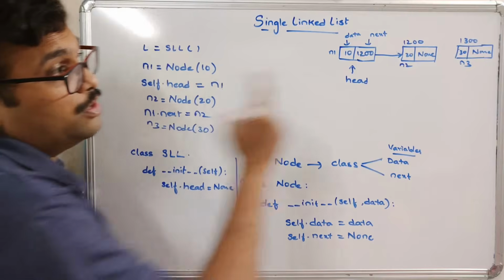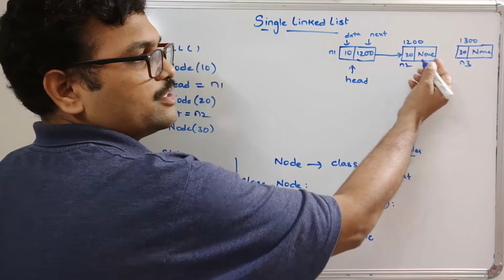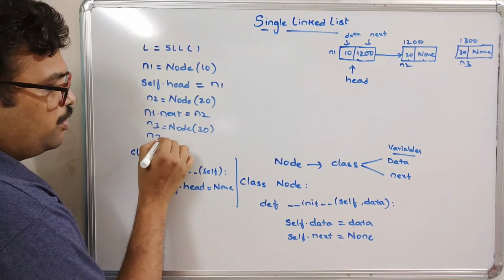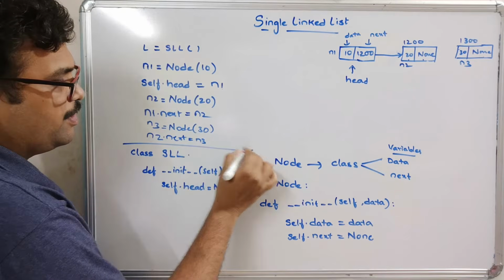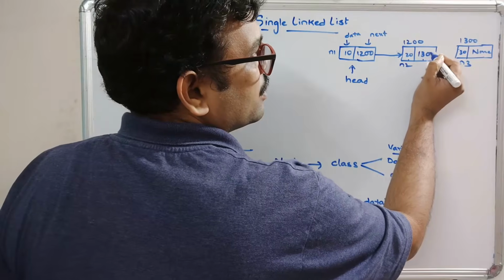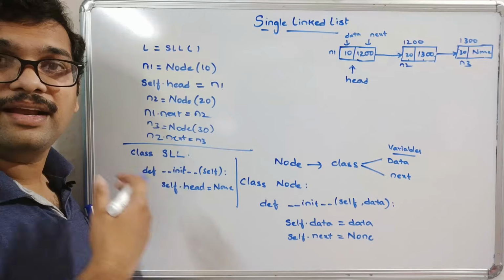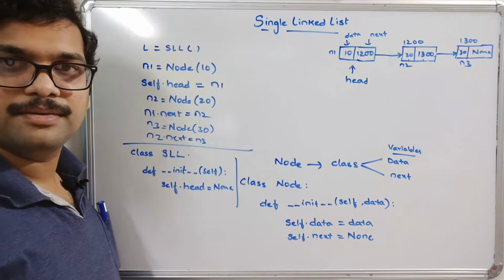Now what we have to do? N3's address should be copied at N2.next. So N2.next is equal to N3. Automatically None will be replaced with the address of this one, and the link will be established. Like this we can create the nodes, that means creating the linked list.